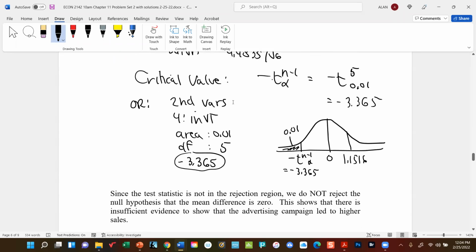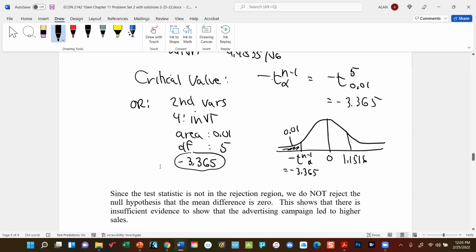You can go to the table, or you can go to your calculator, and remember under the second vars menu, number 4 is invT, which stands for inverse of the t distribution. The area you're looking for is 0.01, and the degrees of freedom is 5. That should bring you back to negative 3.365.